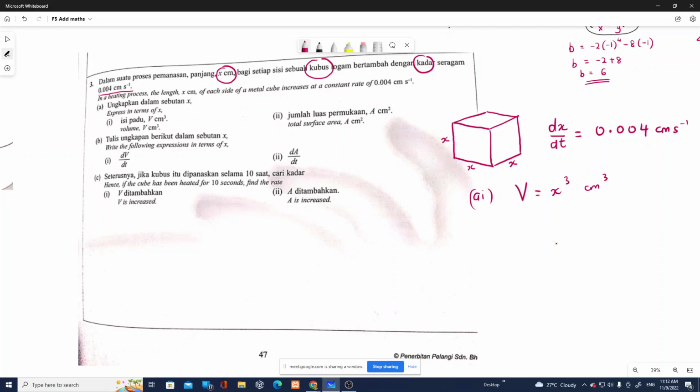Faham ke tak faham? Faham. Okey, Dzul faham ke? Faham sir. Okey, Dzul, kamu buat A2. Apakah jumlah luas permukaan A dia bersamaan dengan apa? Jumlah luas permukaan kubus. Dzul, dapat? Kejap sir, tengah buat ni.